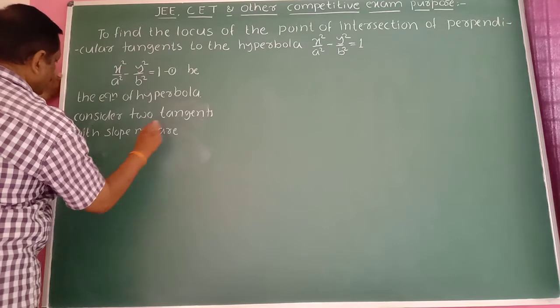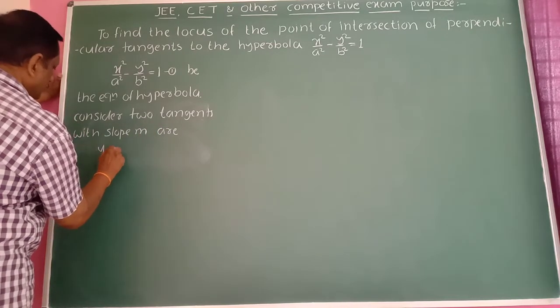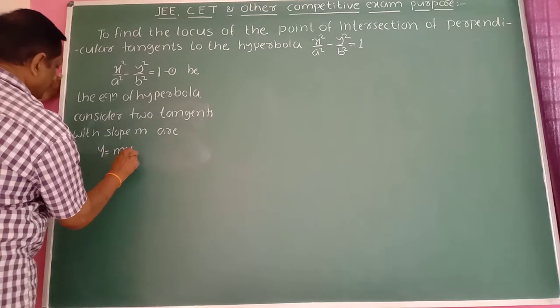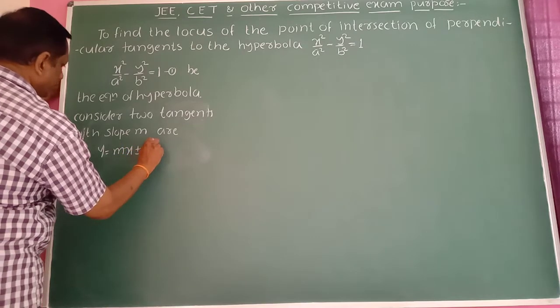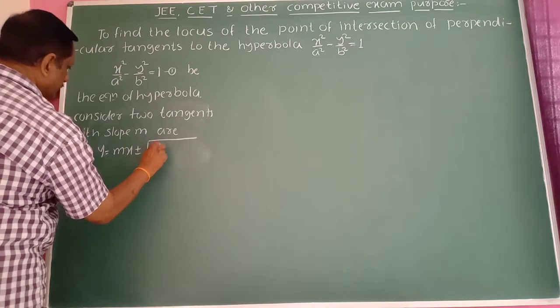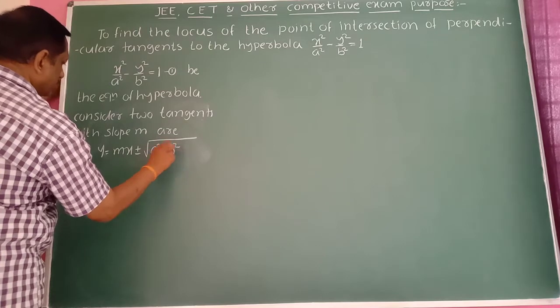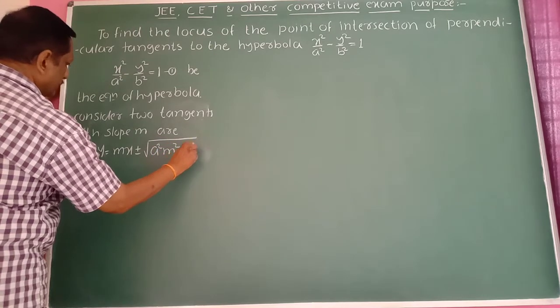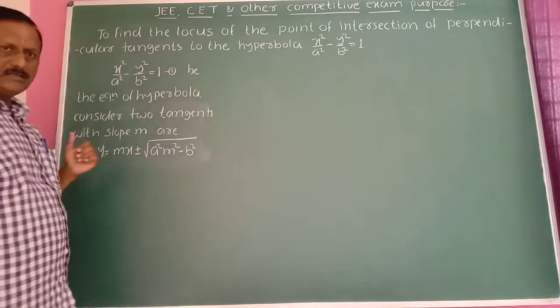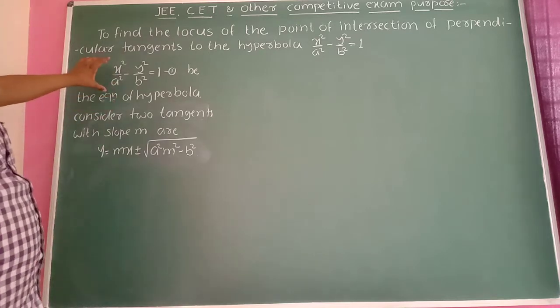Or y is equal to mx plus or minus the root of a square m square minus b square. We already proved this here. Consider these are the tangents to this hyperbola.